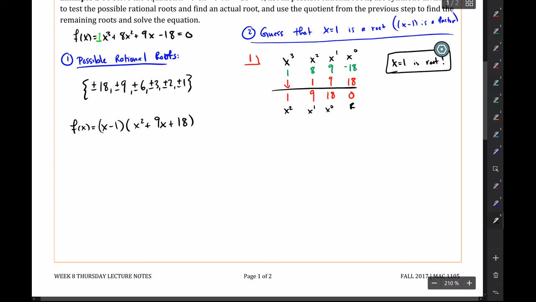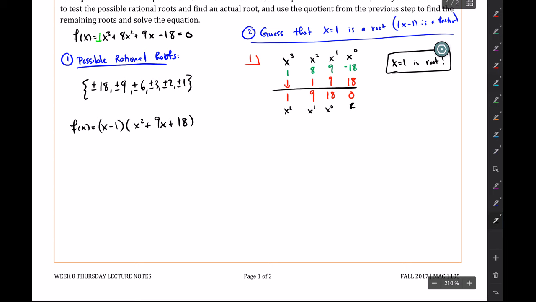So I figured out one of the factors, and now I'm going to apply the rational root theorem to the x squared plus 9x plus 18. And because I have 1 and 18 again, I have the same exact possibilities. And so I'm going to guess again, and this time, well, just looking at that, I can kind of see that this is going to factor okay.